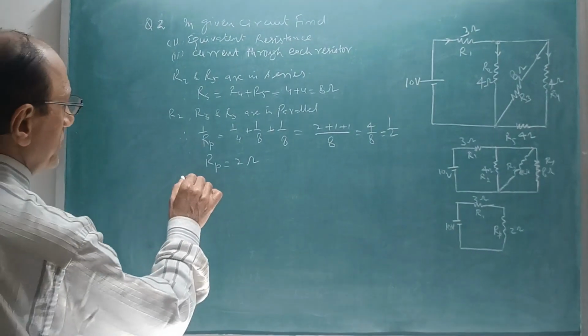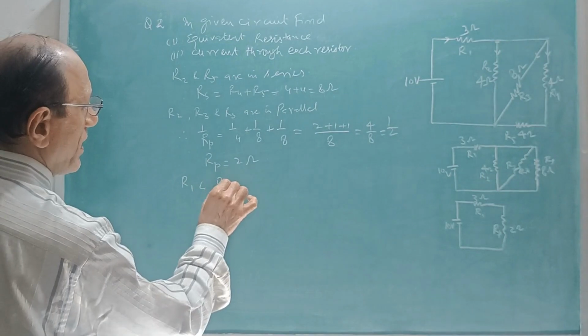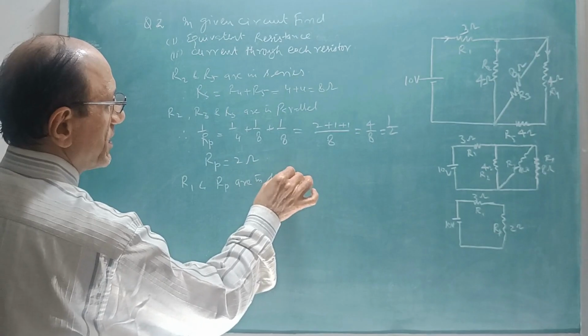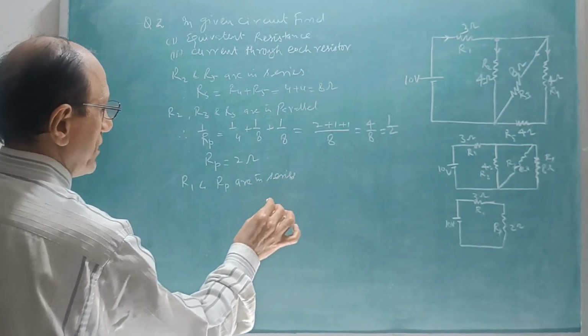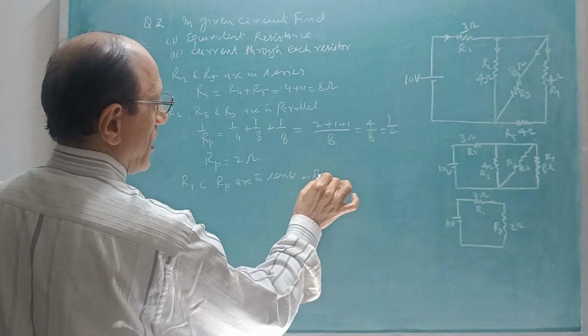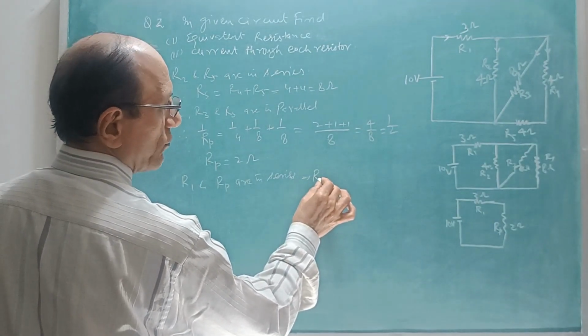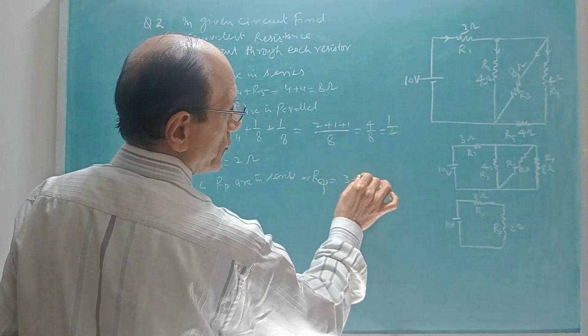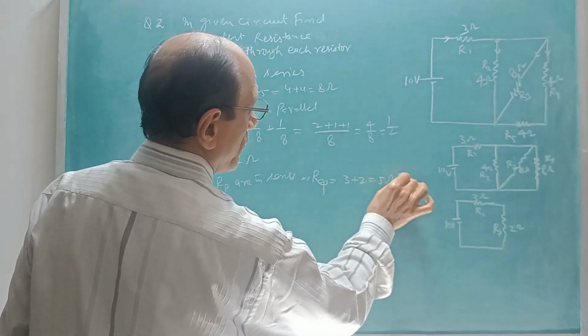Now R1 and R parallel are in series, therefore R series or R equivalent will become 3 plus 2, that is 5 ohm.